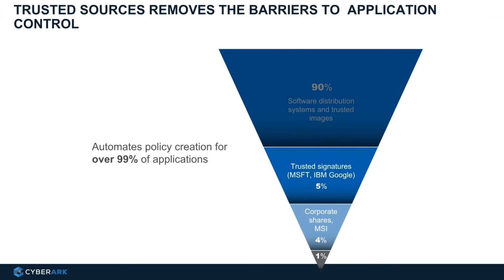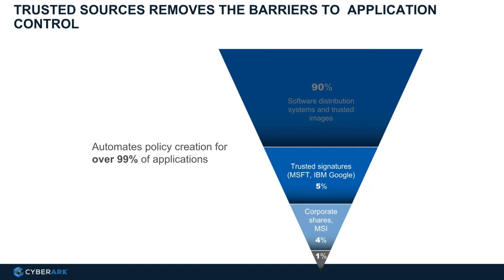So an important piece of this is that it's generally fairly difficult to define policy that's all-encompassing for a solution like this. So CyberArk has a relatively clever approach via the way that we can define particular software to be trusted. We can do things based on where the software is being distributed from.